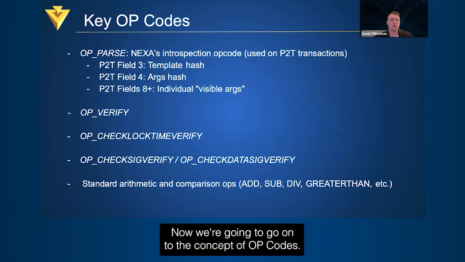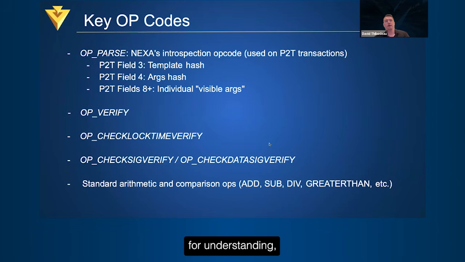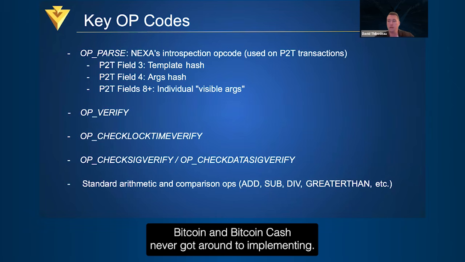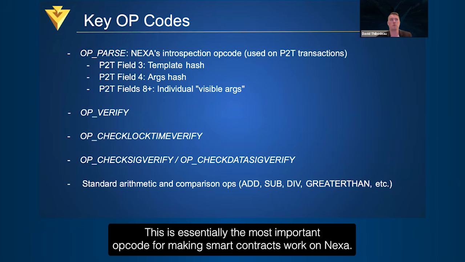Now we're going to go on to the concept of opcodes. This is another concept that is very important for understanding how Nexa smart contracts work. First off, most importantly, OP_PARSE. This is an opcode that Bitcoin and Bitcoin Cash never got around to implementing. This is essentially the most important opcode for making smart contracts work on Nexa.